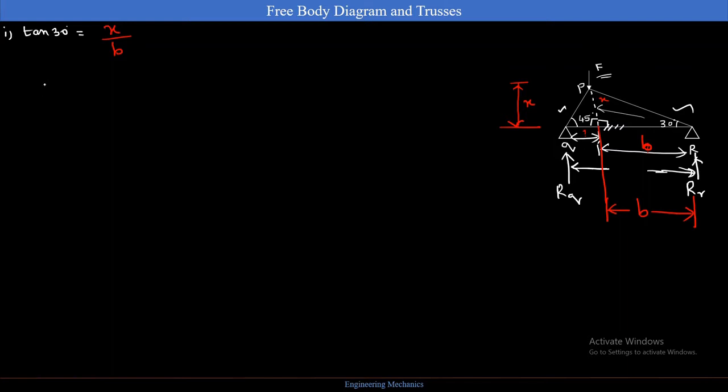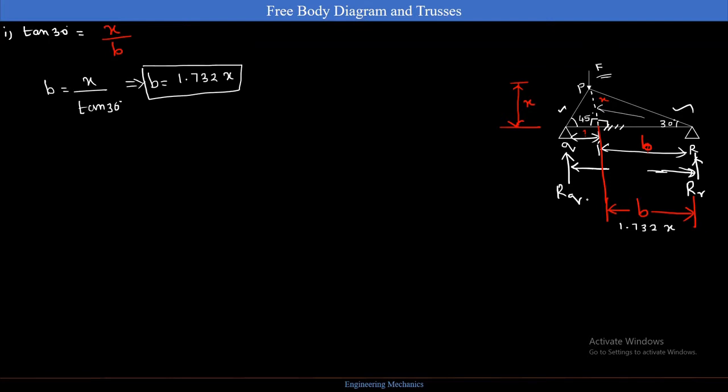Let's see how to find the value b, which is equal to x by tan 30. So b equals x times 1 by tan 30. Put it in the calculator and you will get 1.732x. This is my b value. B is nothing but 1.732x.